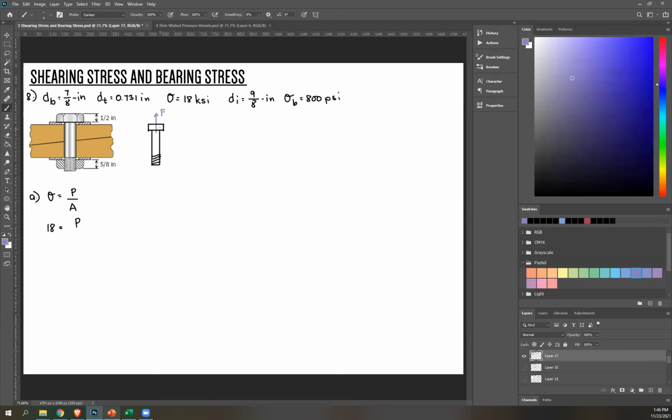And this tensile force also creates shear force over here. This is the head, and then there's also a bolt here, and this is the area experiencing shear stress as well. So therefore, that F is also the normal load P that we need in this equation. Because again, tensile force is perpendicular to the cross section of the object.